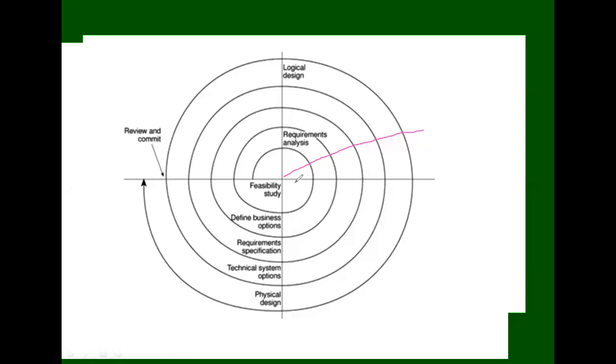The spiral model consists of loops, and the exact number of loops is not fixed; it varies from one project to another. Each loop of the spiral is divided into four quadrants. As I already told you, in the first quadrant is the start of every phase, or analysis.